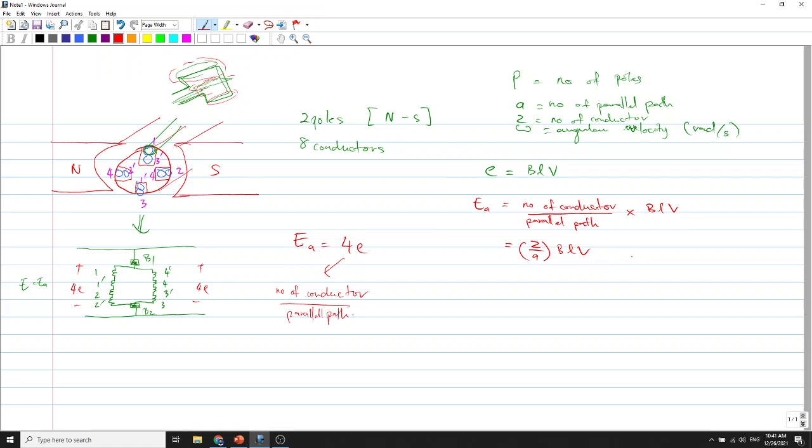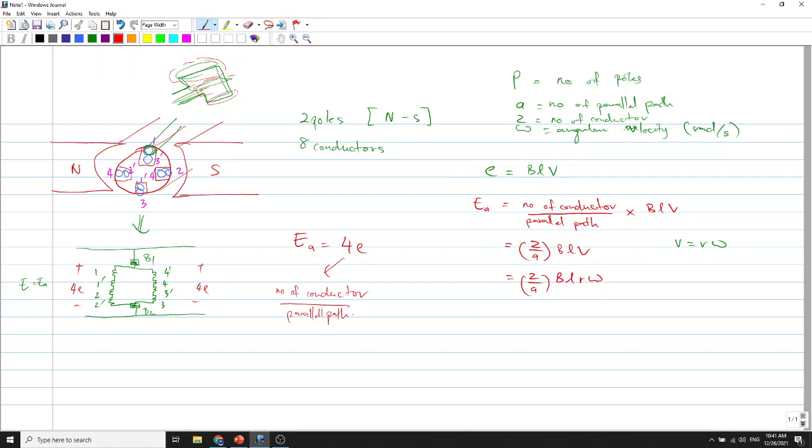As we know that V is equal to R omega, so we can replace it, giving B L R omega. Then we want to replace the B, because it is not meaningful.